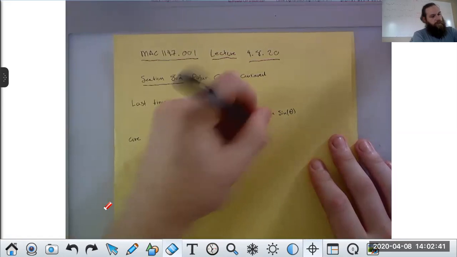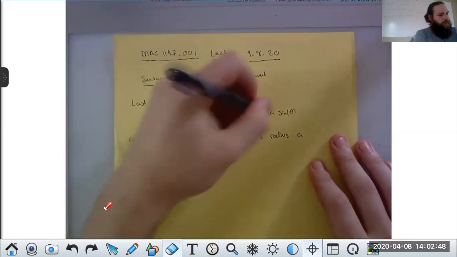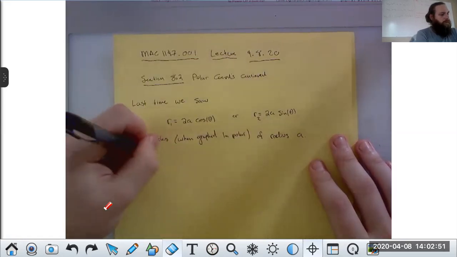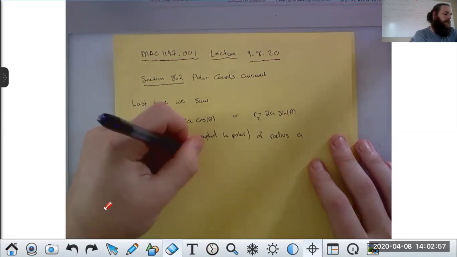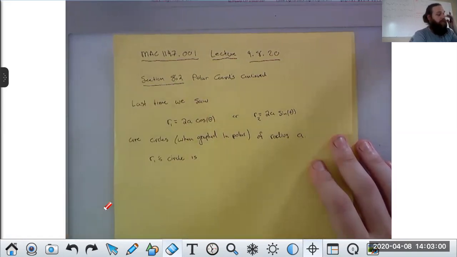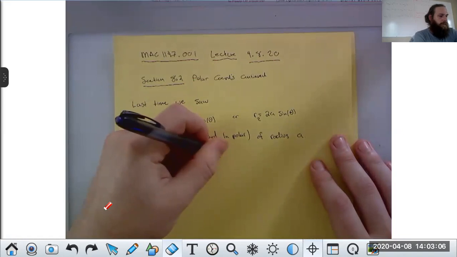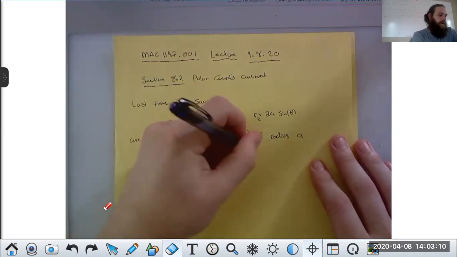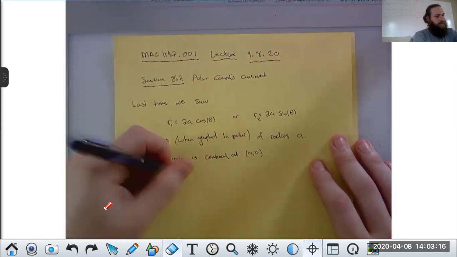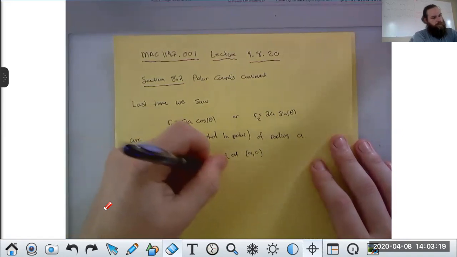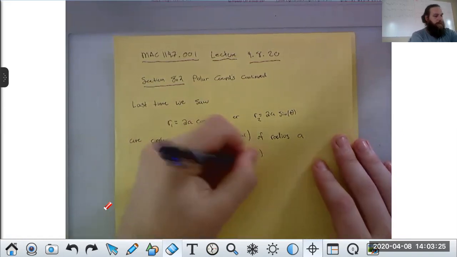Maybe I'll call this r1 and this r2. R1's circle is centered on the positive x-axis if a is positive, or on the negative x-axis if a is negative, centered at the point (a, 0), and r2's circle is centered along the vertical axis. So it's centered at (0, a).